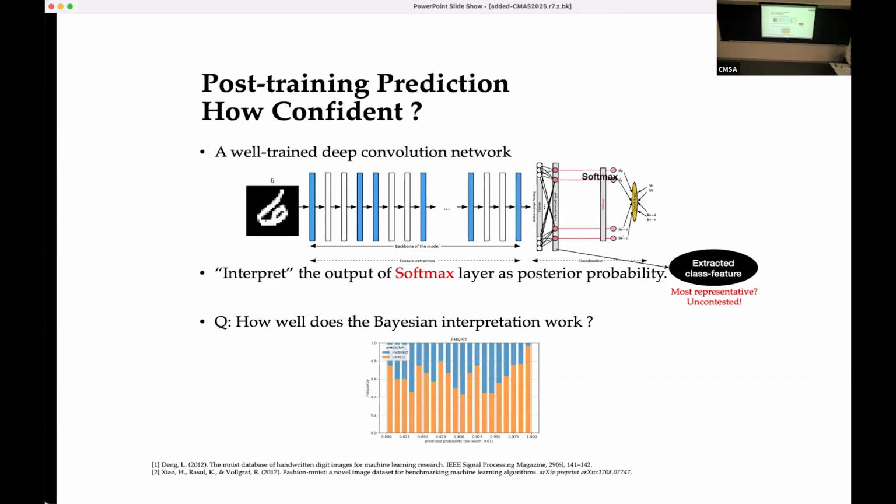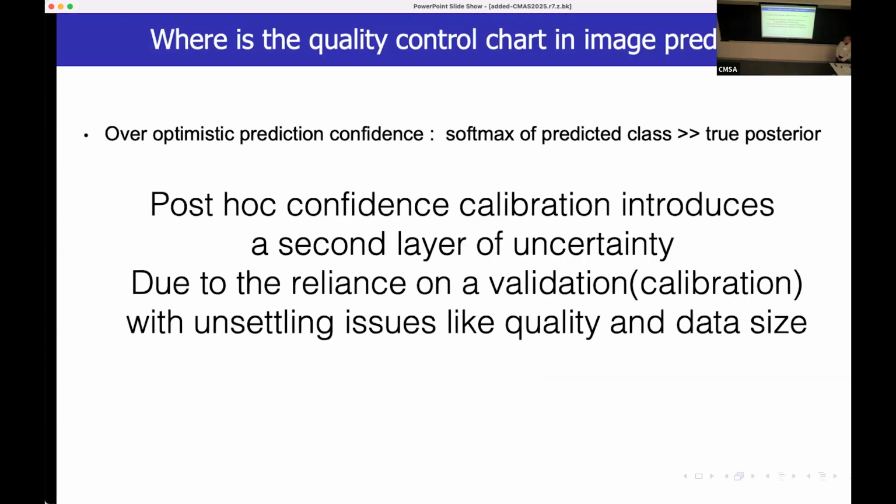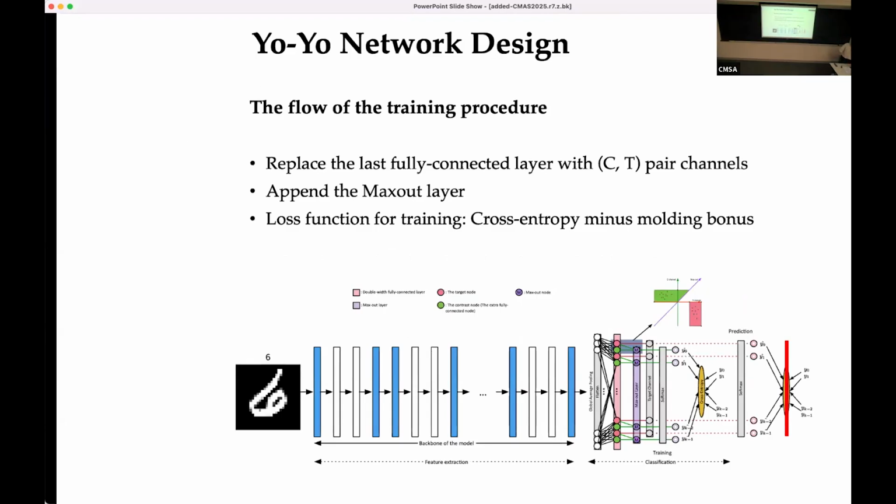So it seems to us a good idea and it should be done. I'm not against it. It should be enforced, and enforced in a rigorous way. However, we think there must be a way of minimizing the need for this validation set, not totally eliminating it, but trying to cut down the over-reliance.